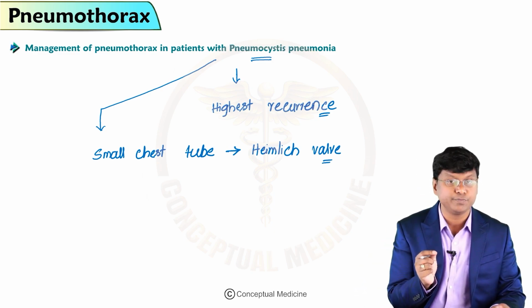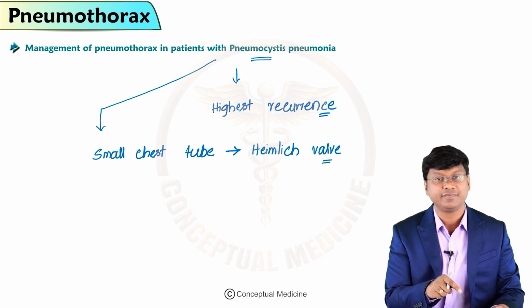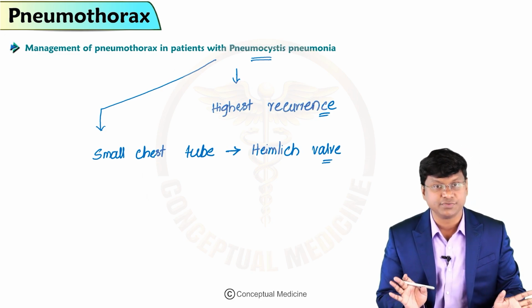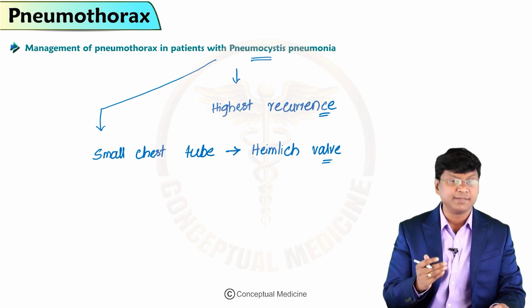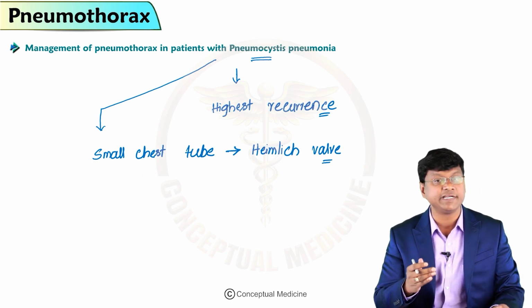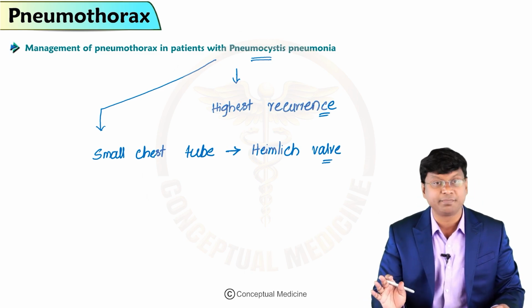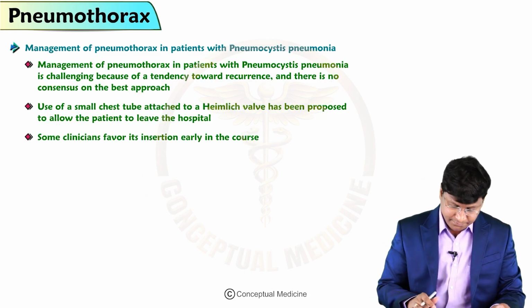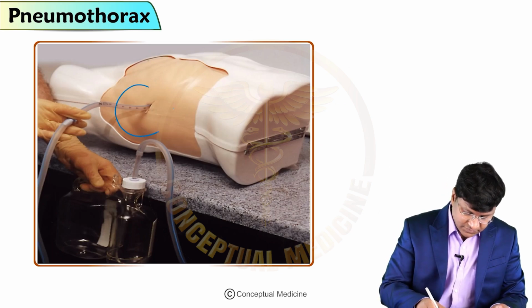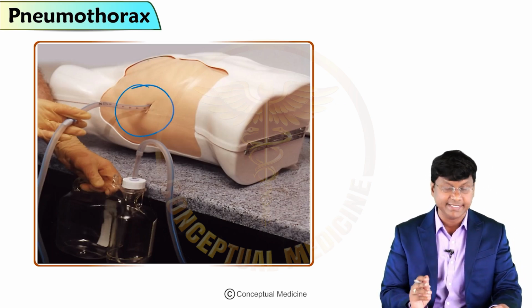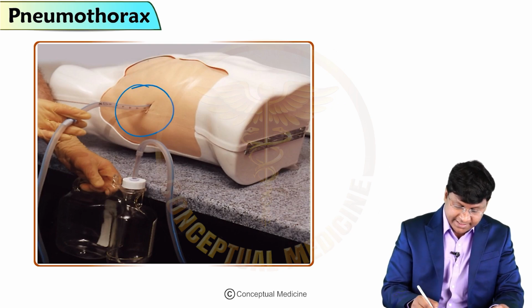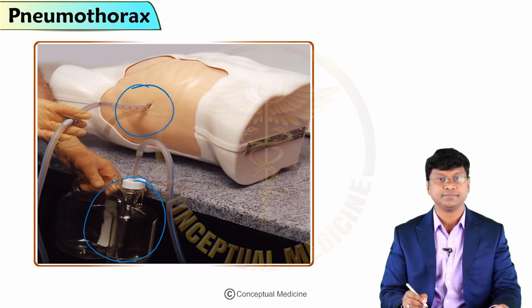Okay, and some clinicians favor its insertion early in the course of the disease itself. So by this you can prevent the recurrence, right? And this is your ICD, where you put the chest tube, and this will be your underwater seal.